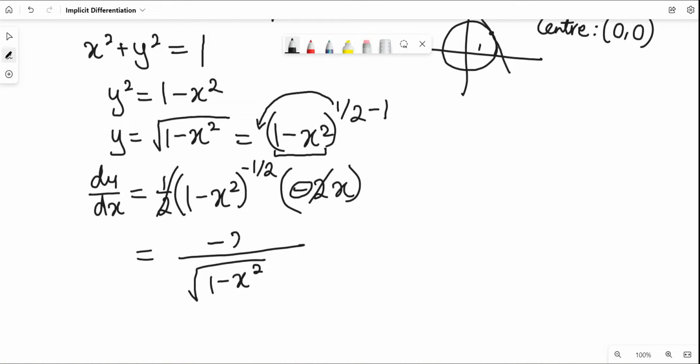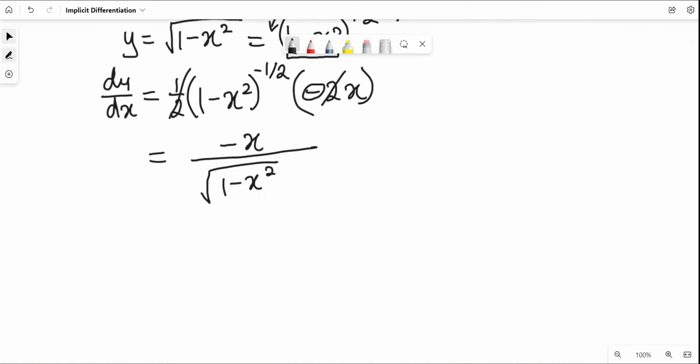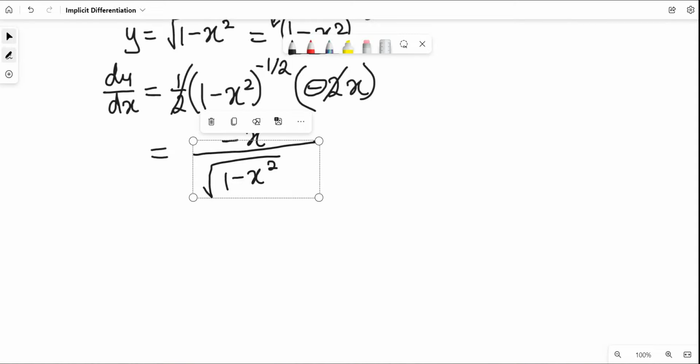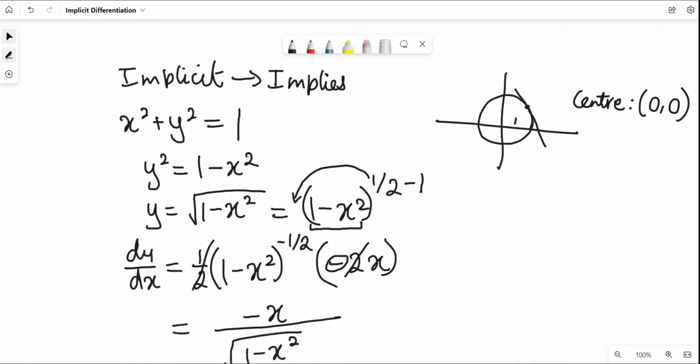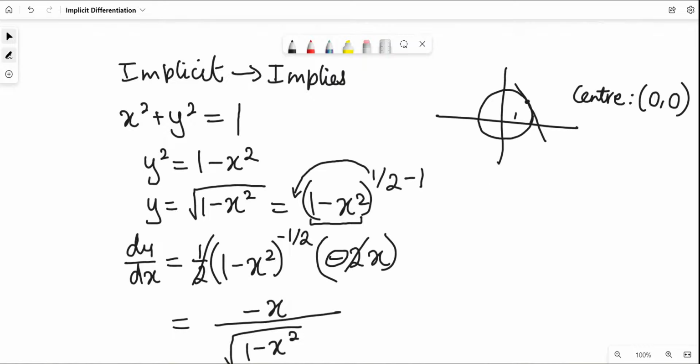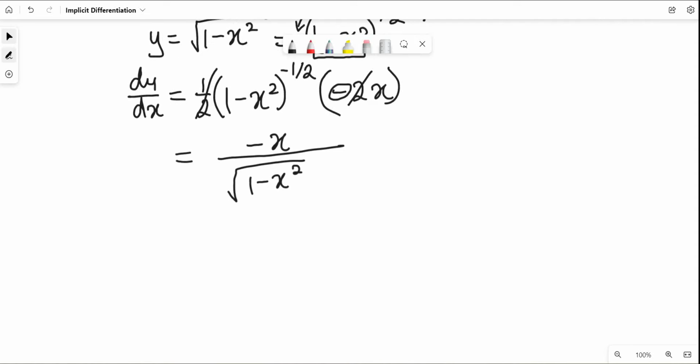An interesting fact about this is that the square root of 1 minus x squared is exactly y as we defined over here: y equals square root of 1 minus x squared. So we can substitute that in, and we have dy by dx equals negative x over y.